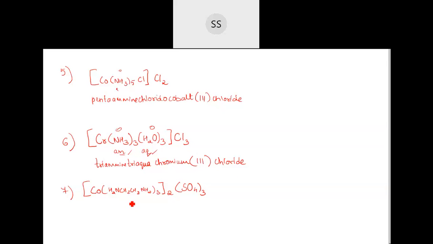Okay, now come to this one. Seventh one. Yes, correct. Good. Cobalt oxidation state.